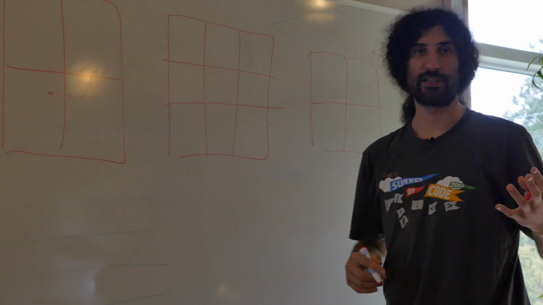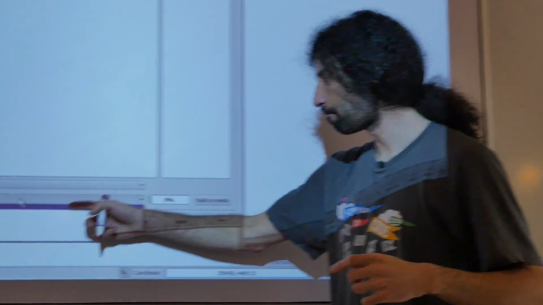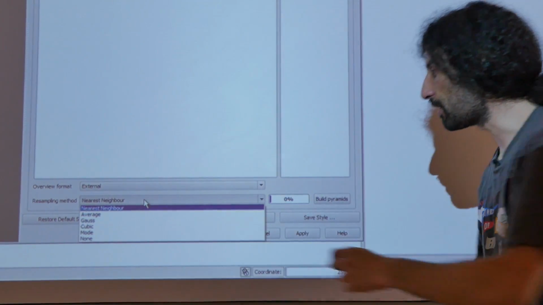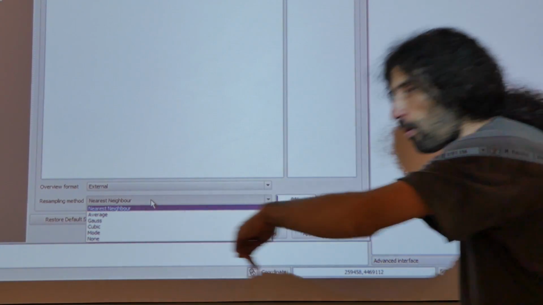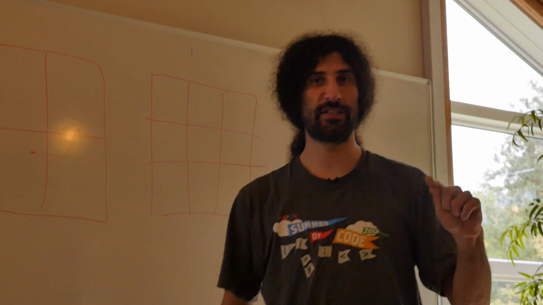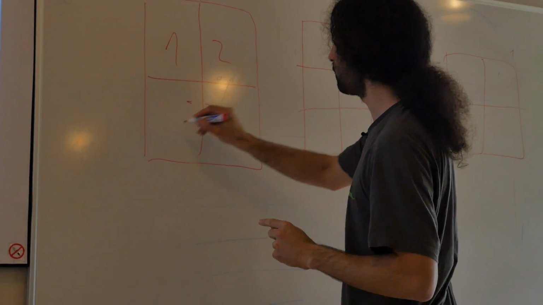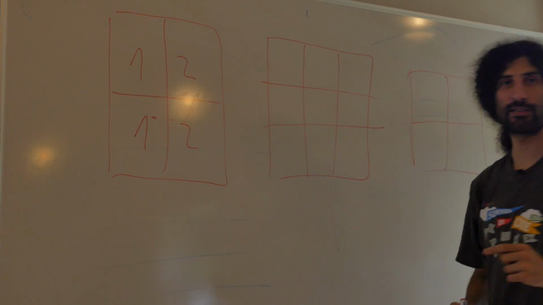But there's a big difference. The main difference in all those things that you see here, right, is that if you use the average, Gauss, cubic, whatever, you might have values that are not in the original layer. That means that if I have this, 2, 1, 2, for instance, right?